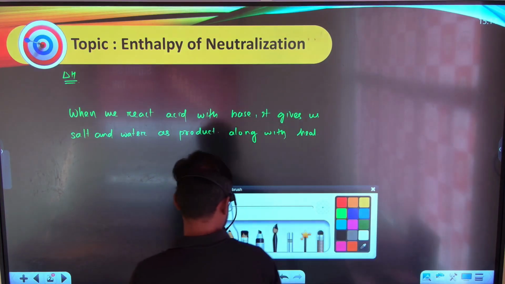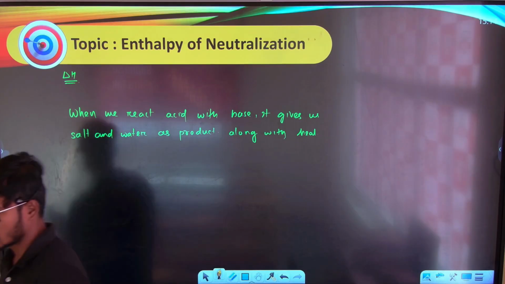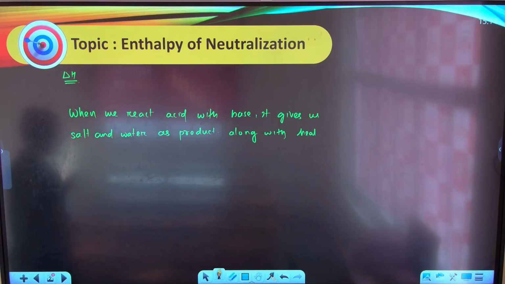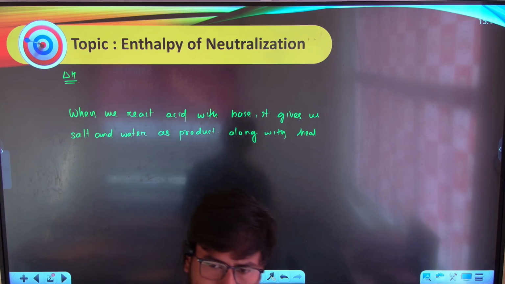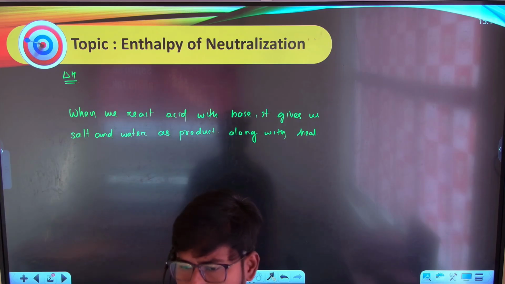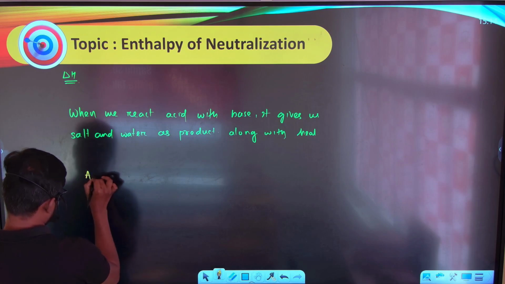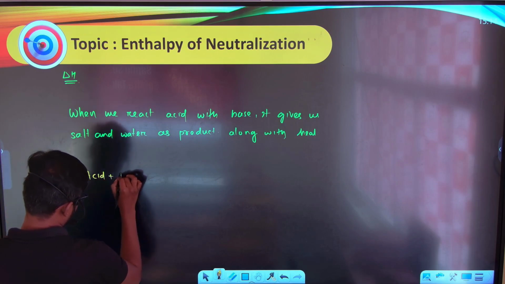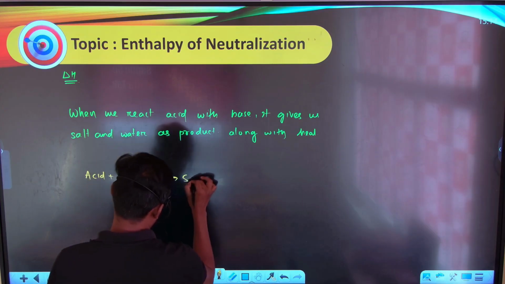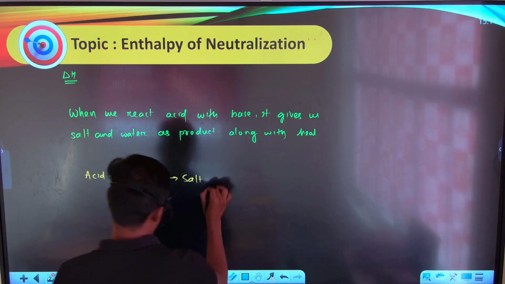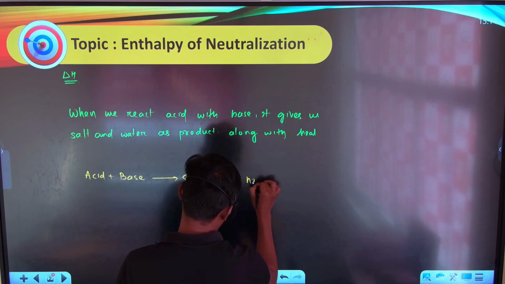If you have carried out an experiment in chemistry lab, this acid base neutralization is normally exothermic in nature. That means it releases energy when we are carrying out this reaction. So simply we can write acid combines with base, it gives salt plus water along with some heat.